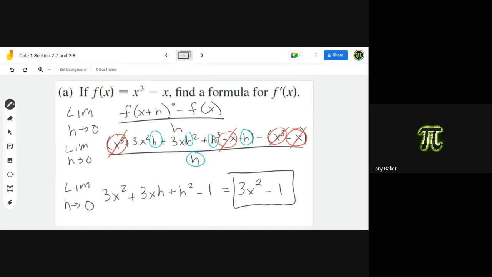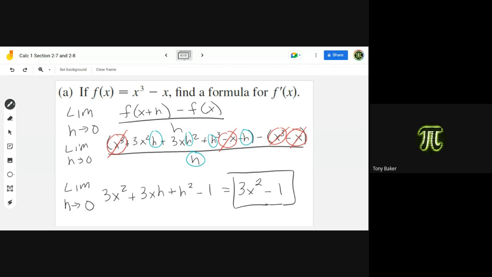So the derivative of x to the third minus x is 3x squared minus 1. Now I can technically tell you any point on that graph, and you can find me the slope. Okay, that's nice. That's useful. So if I know the position of an object at any position, I can find the slope for it.